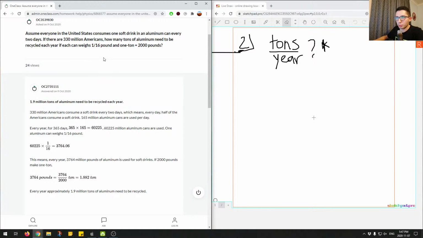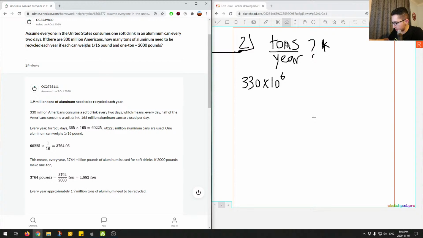Let's just think about this. The first thing that we're given that's easy to think about is the 330 million Americans. So let's write that down: 330 times 10 to the 6. So that's in millions. And we want to see what we can multiply this by to get us to the final conversion factor.